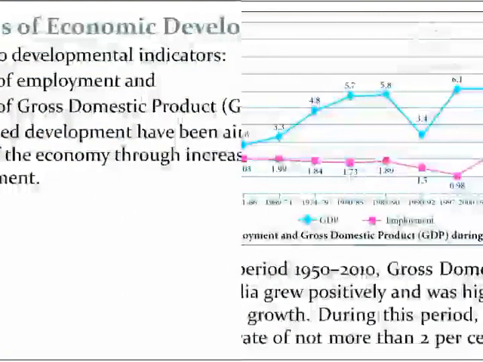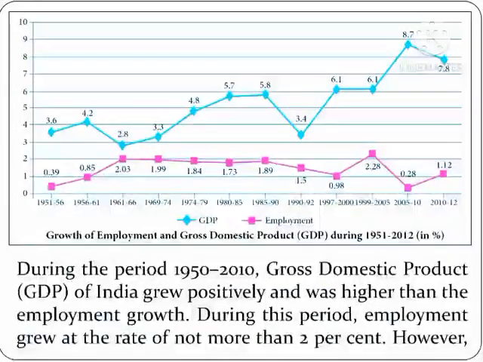expansion in employment and GDP is very essential for a country's economic growth and development, and there is a line graph given here showing the growth of employment and the growth of gross domestic product GDP during 1951 to 2012 in percentage, and the blue line represents GDP and the pink represents the employment.